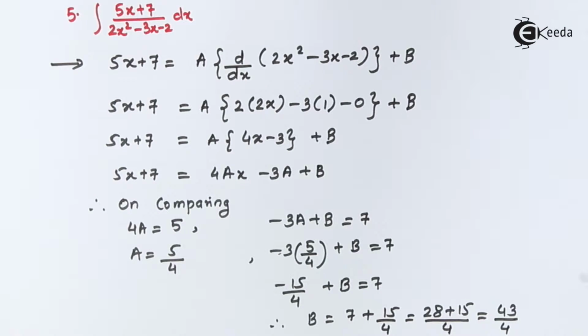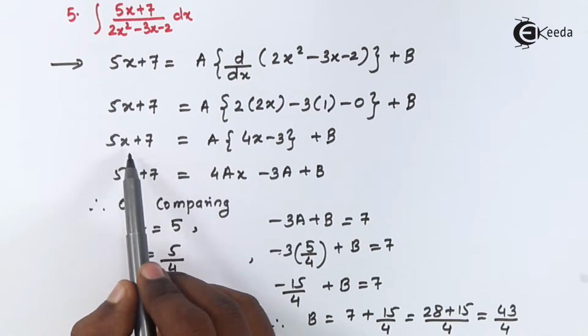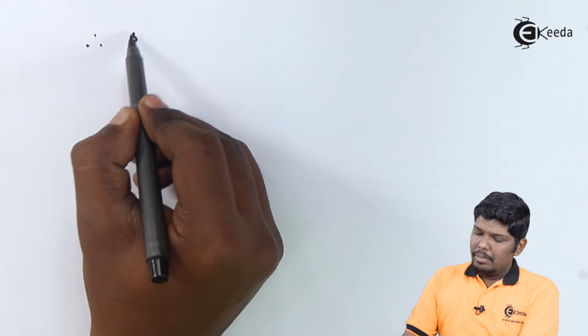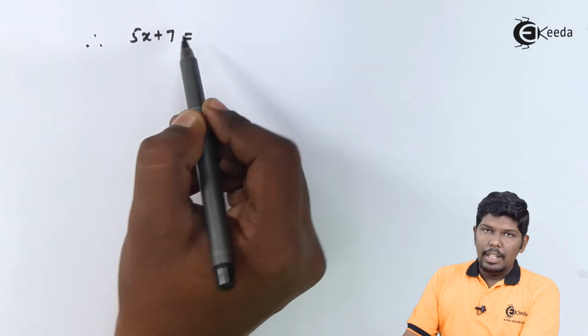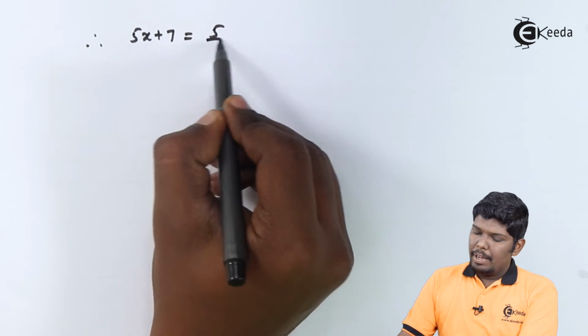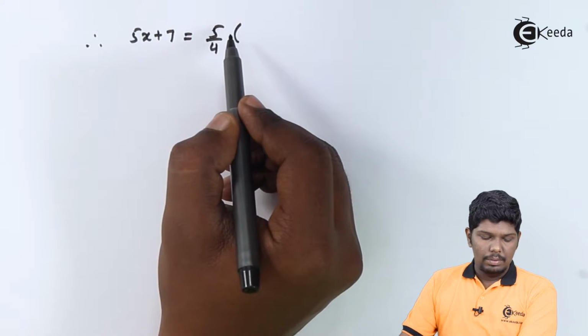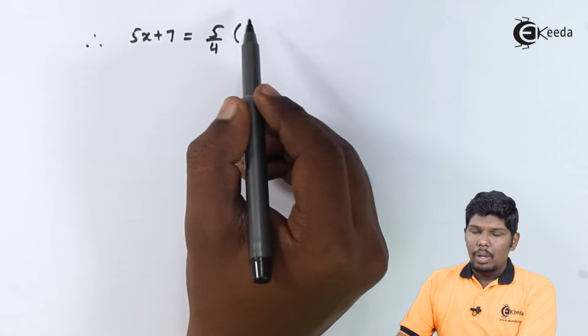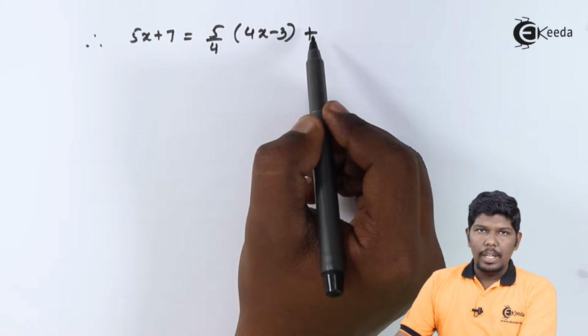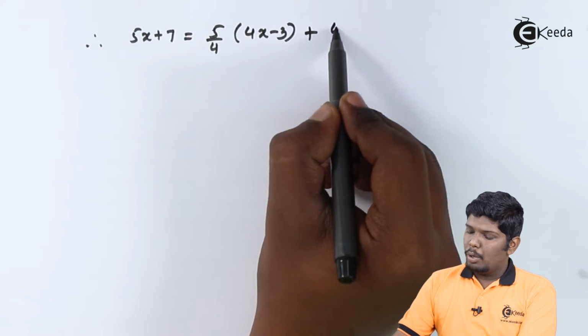Now we will substitute the values of a and b in this equation. Therefore, 5x plus 7 is equal to 5 upon 4 into 4x minus 3 plus the value of b is 43 upon 4.